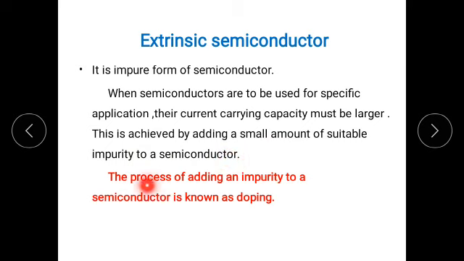That means when we add a small amount of impurity, its current conducting capacity increases, and the process of adding an impurity to a pure semiconductor is known as doping.